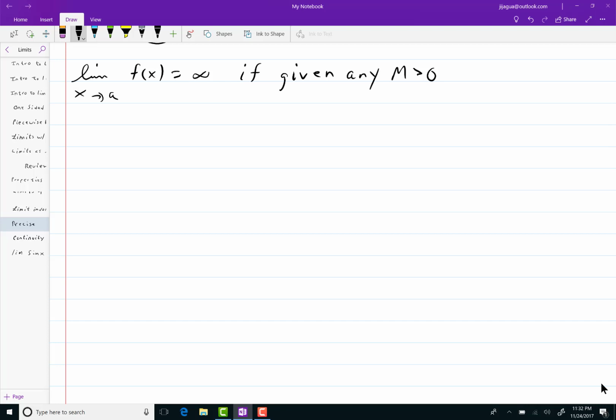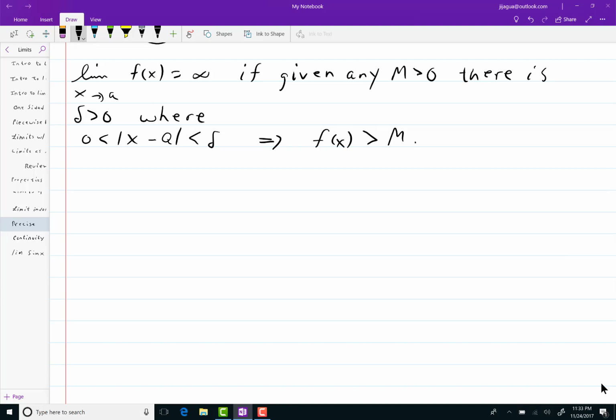So if, given any M greater than 0, there is a delta greater than 0, where 0 less than the absolute value of x minus a is less than delta implies that f of x is greater than M. So there's our exact definition.